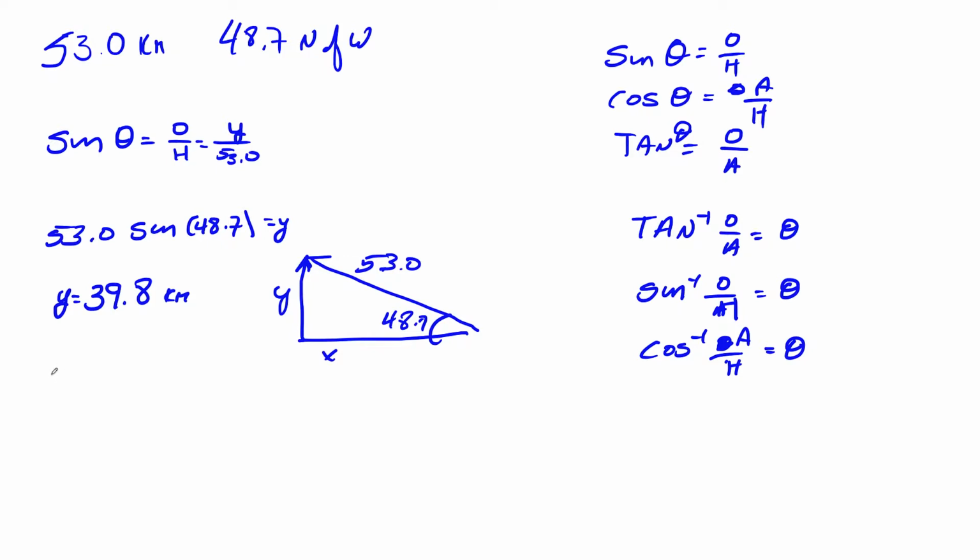Now, the x component is the adjacent, and the hypotenuse is 53, times the cosine of 48.7. Remember, cosine is adjacent over hypotenuse. X is my adjacent, 53 is the hypotenuse, so multiply both sides by 53.